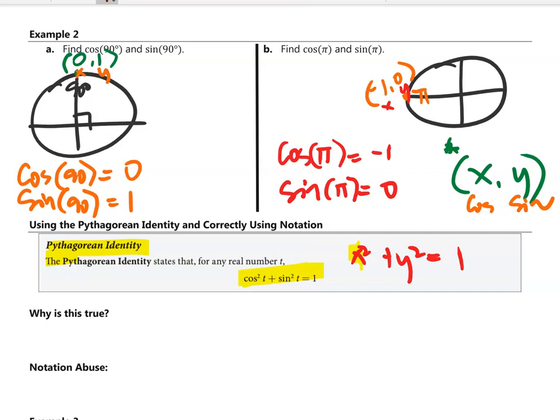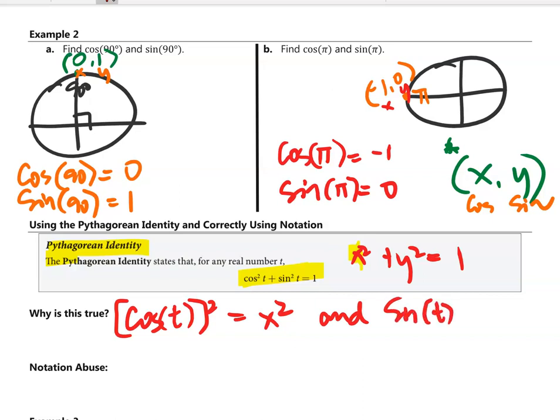Because cosine of t squared is equal to x squared, and also sine of t squared is equal to y squared. That is from the unit circle.